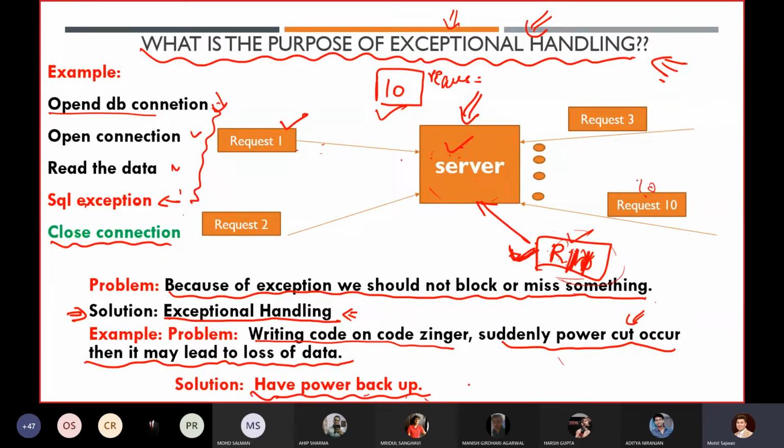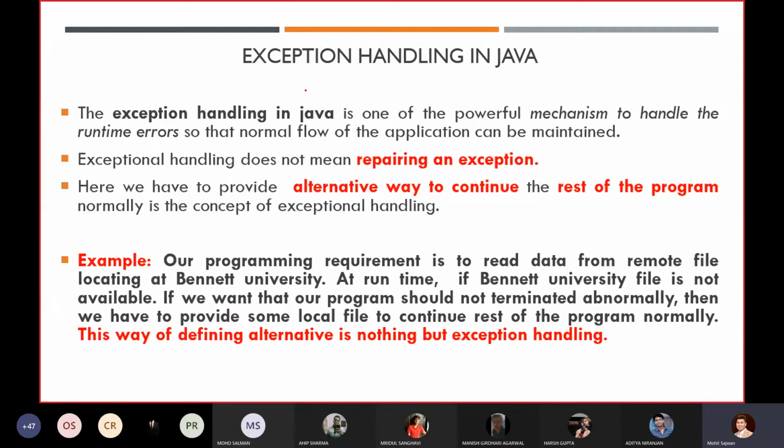This is the main reason why we require exception handling, so that if we get some sort of exception at runtime, it will not disrupt or disturb the normal flow of the program. Got the point? Using more examples, you will understand exactly the meaning of exception and exception handling. So first of all, we will go through the theoretical definition of exception handling in Java. So till now we know the meaning of exception.